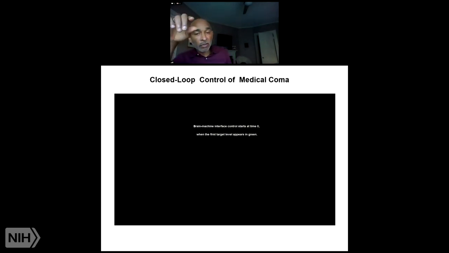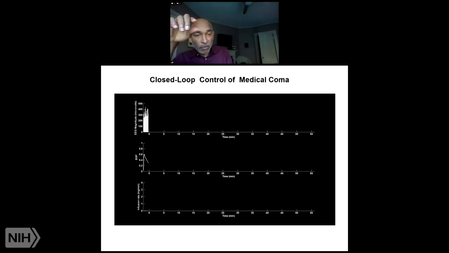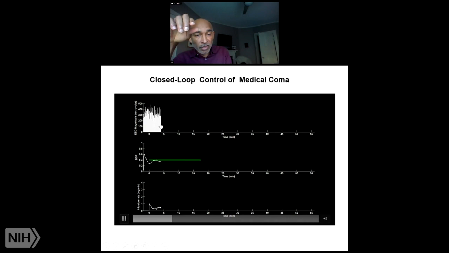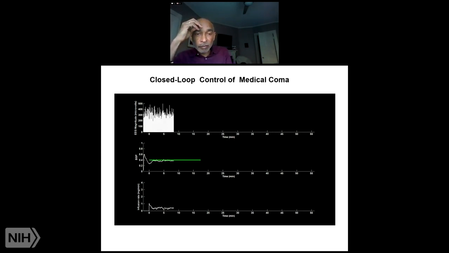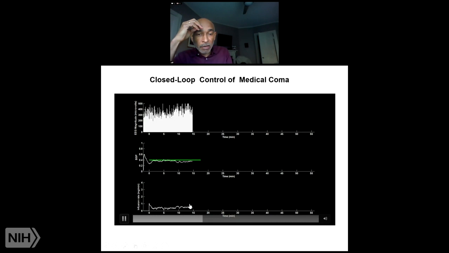We're going to do this on a rodent. The green level here tells you the target, so it's 0.4. This is the EEG here, and this is the actual control signal, what the controller is doing. And here's how the pump is changing on a second-to-second basis to achieve this state.